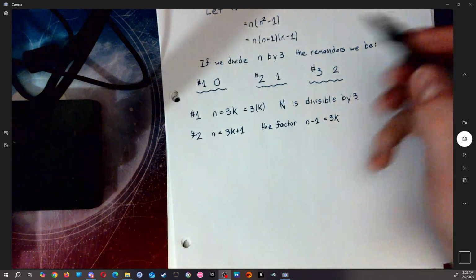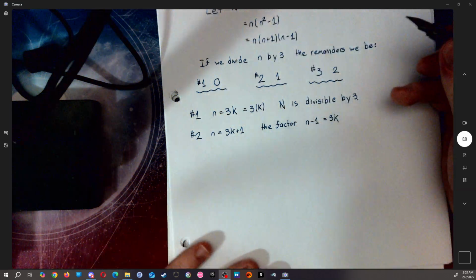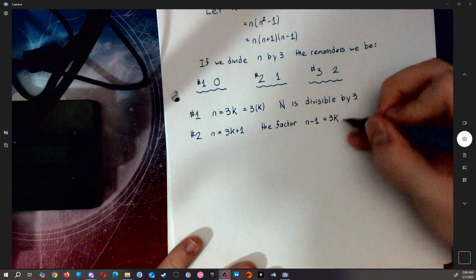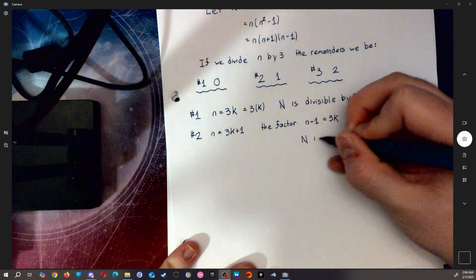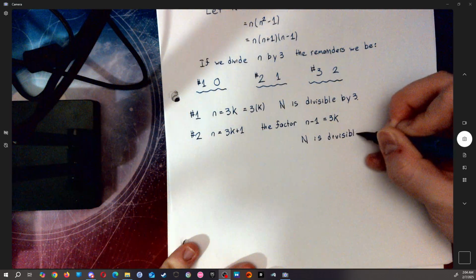So that means this factor right here is the one that's going to be divisible by 3. So then n is divisible by 3.